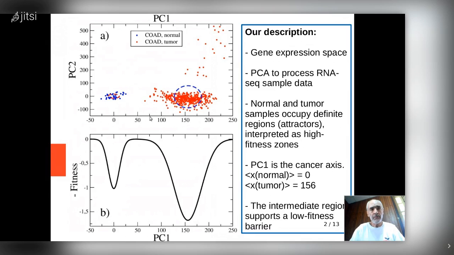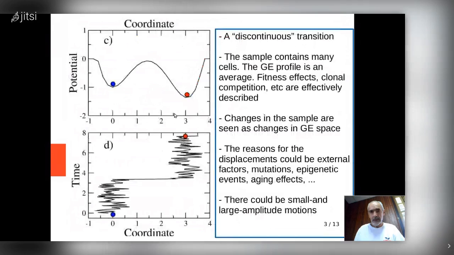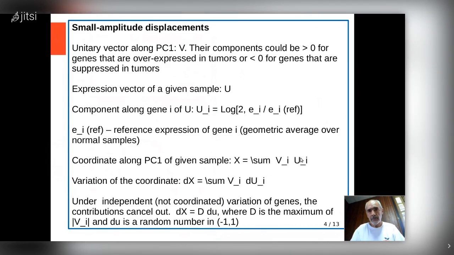Then the position is simply the coordinate of the crypt projected onto the unitary vector along this axis. And this is written here. This is a projection. These are the components of the unitary vector, and these are the coordinates of the samples. And then the coordinate is written in terms of the logarithm of the differential expression, that is, the expression of gene i divided by the reference.